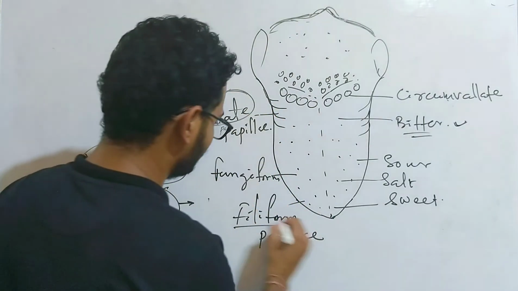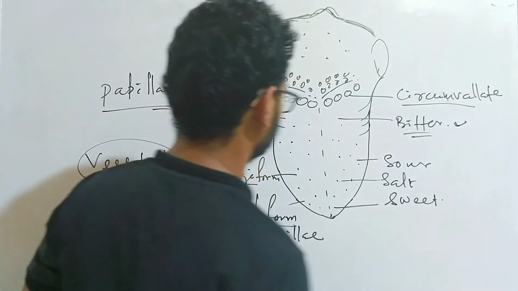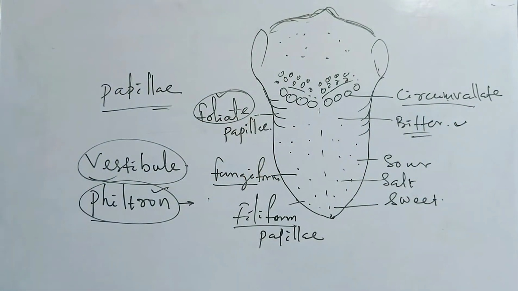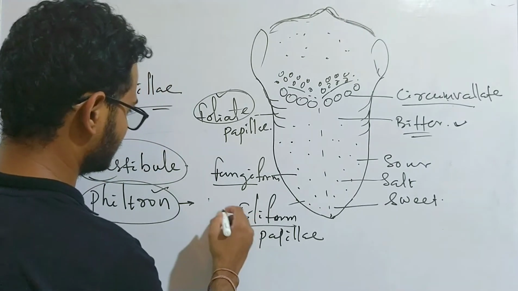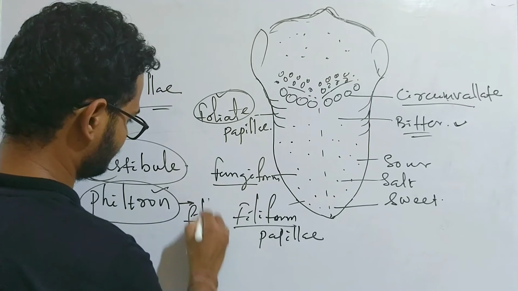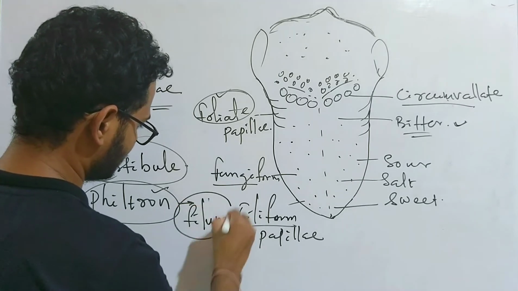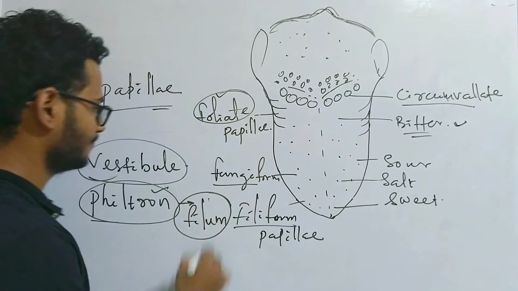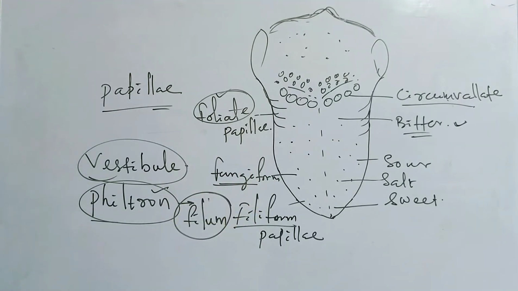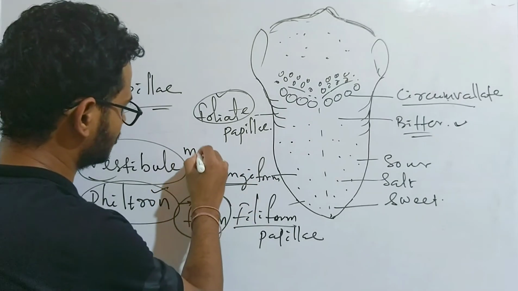But remember, filiform, fungiform, and circumvallate are important. Why is it called filiform papillae? Because it is derived from the word filum, which means thread-like. Likewise, fungiform means it is mushroom-shaped.